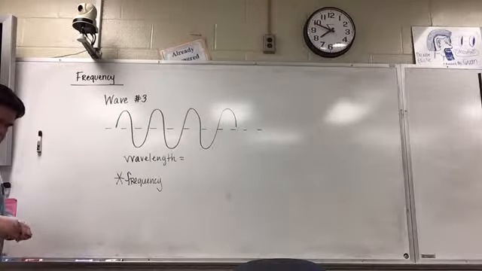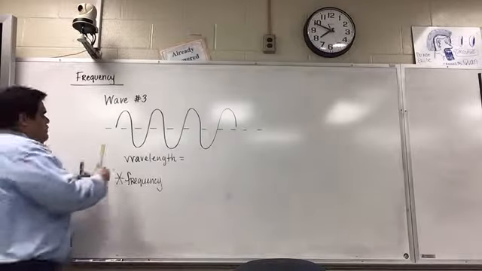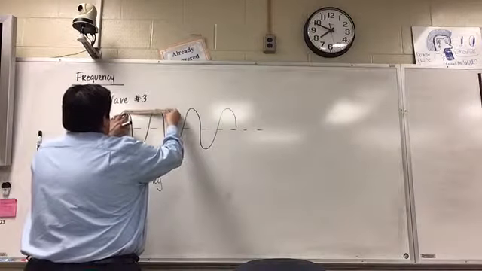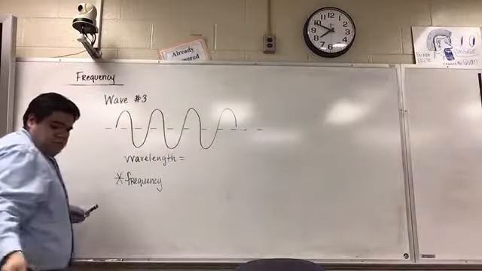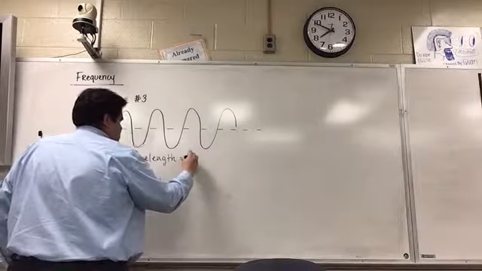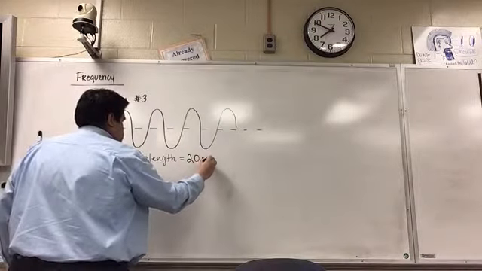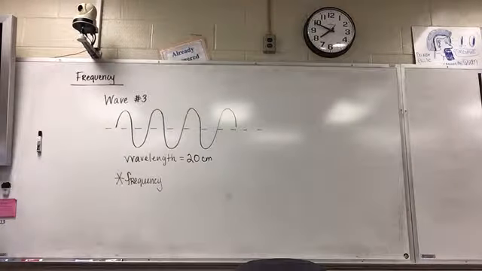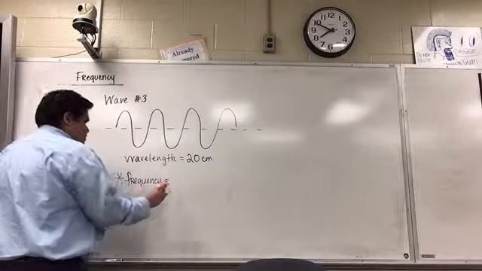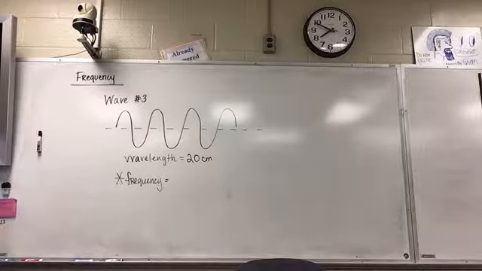There is my ruler. All right, wavelength is 20 centimeters. So I almost drew it exactly the same width as the other one, off by 1 centimeter. However, I didn't care. I wasn't going for that. All right. Frequency, how often it repeats, okay?